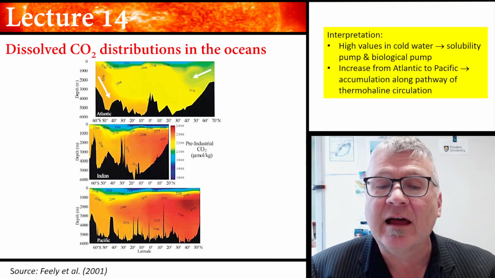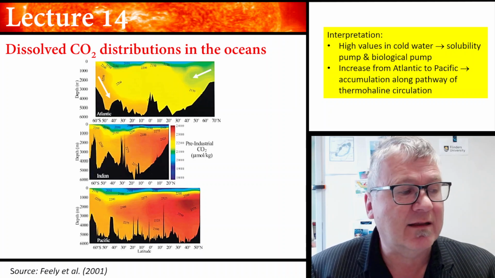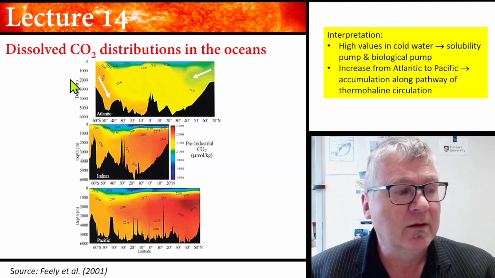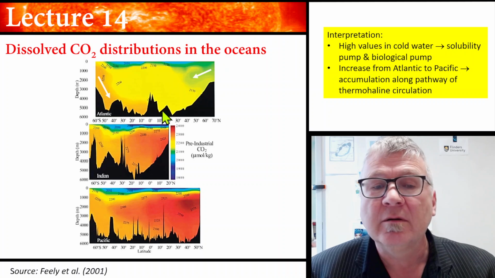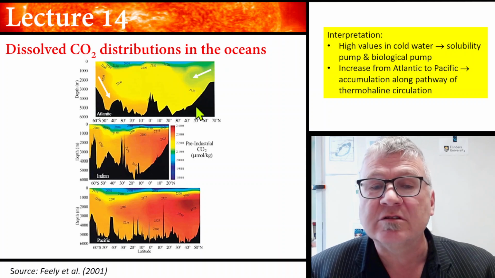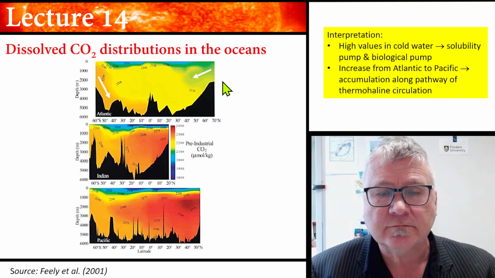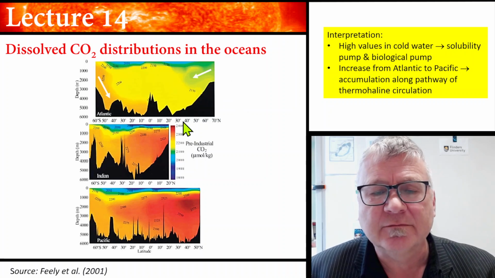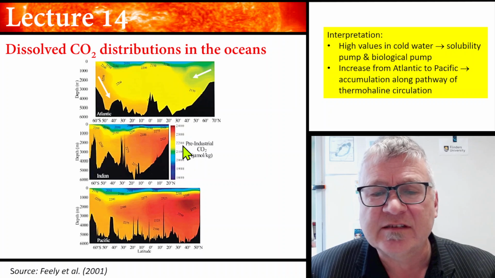Okay, you can see colors, and there's a color scale. Okay, I show again, my mouse is activated now. Here we are. The top is the Atlantic Ocean slice. Okay, so what do the colors show? Here's a scale. Okay, something that says pre-industrial.